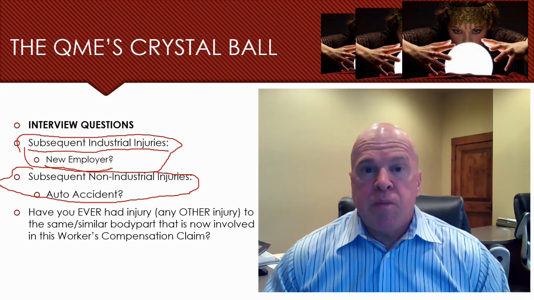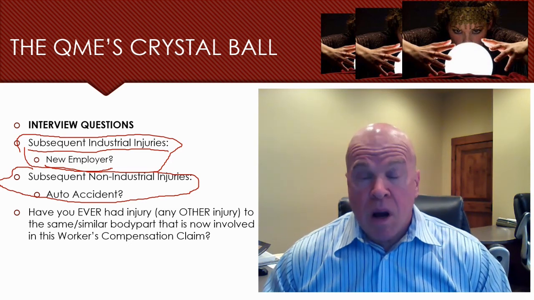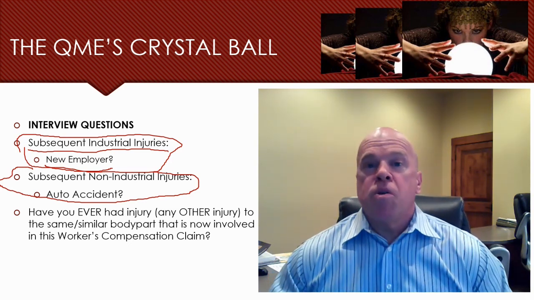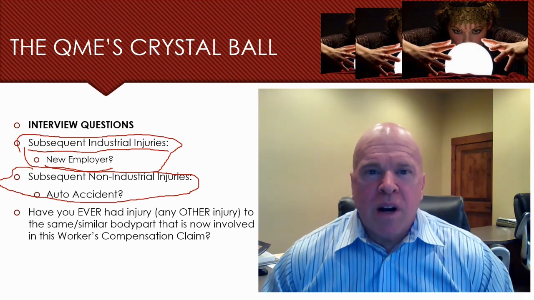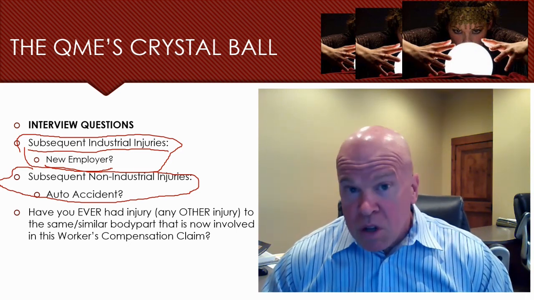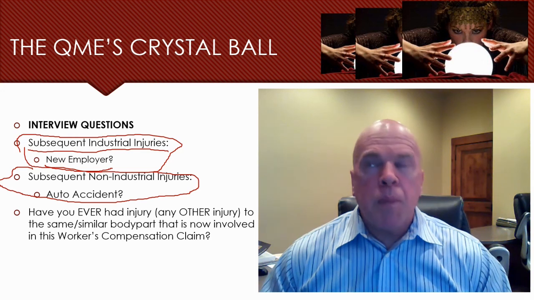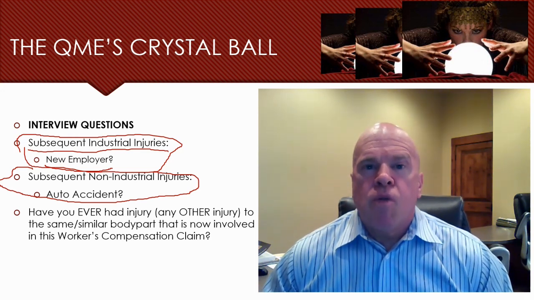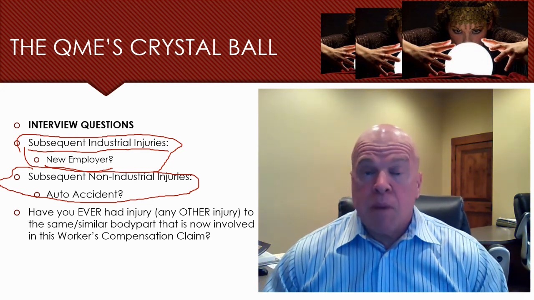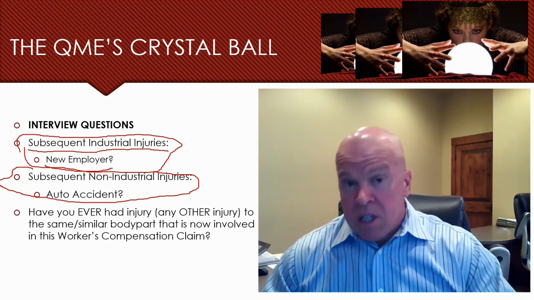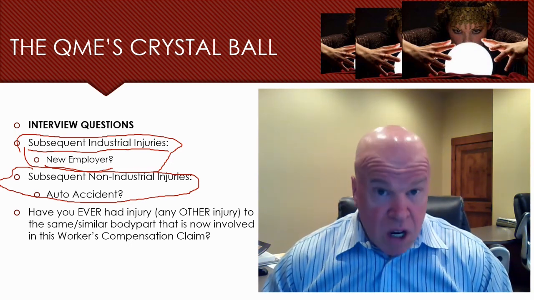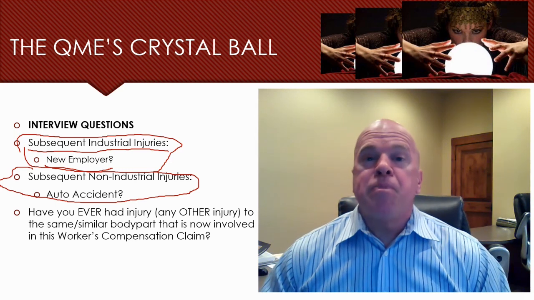During that time, he had a subsequent auto accident injury wherein he was rear-ended. The medical records indicated that he received emergency room treatment the same day and a couple of follow-up visits for aggravation of his pre-existing, industrially related lower back pain.